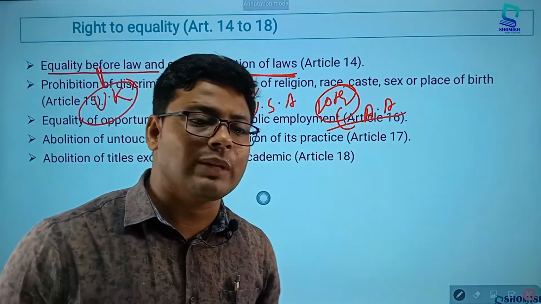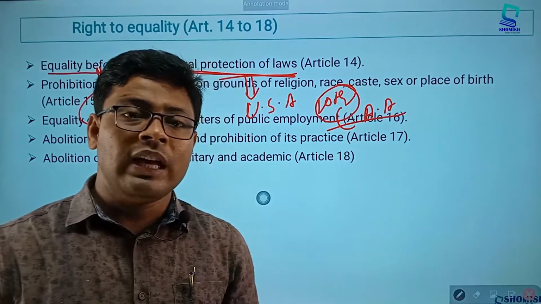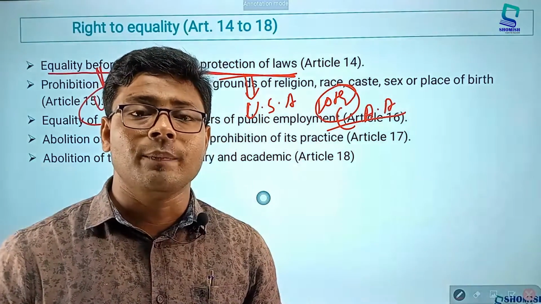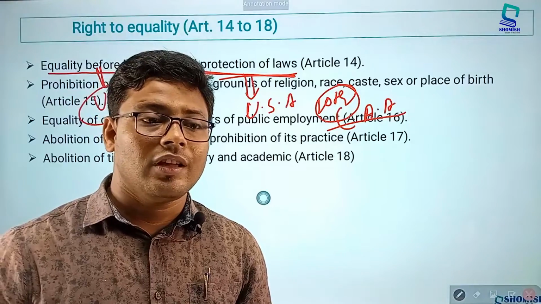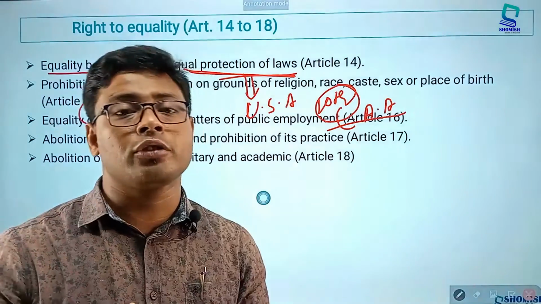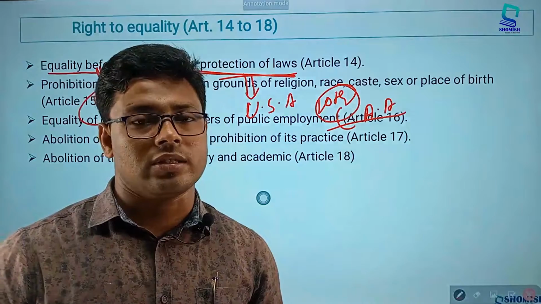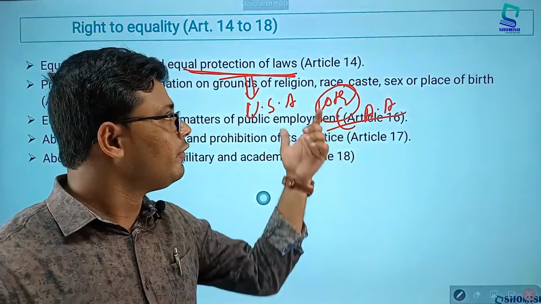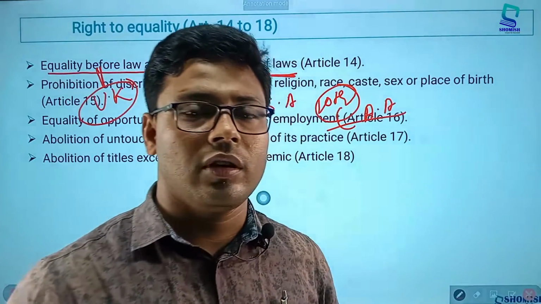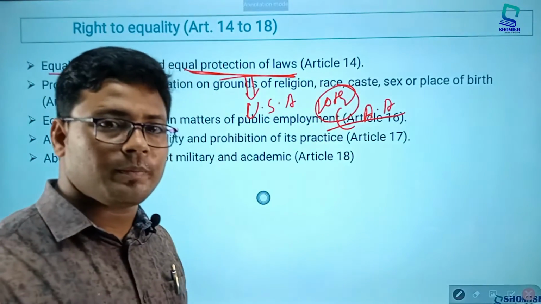Equal protection of laws means if any person seeks help from the legal authorities, the legal authorities are bound to give equal protection with respect to the laws. That is the main concept of equal protection of laws.